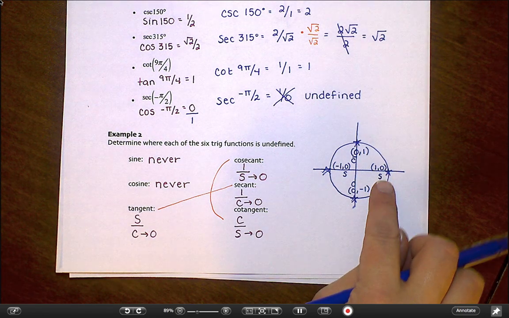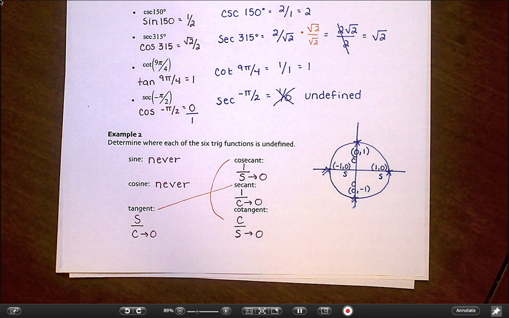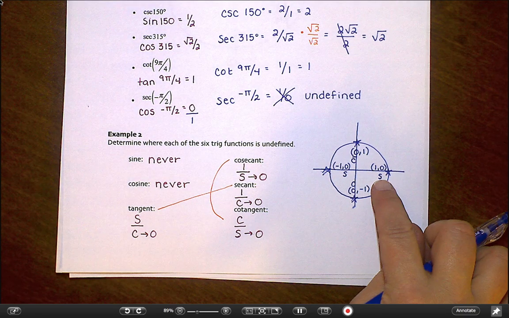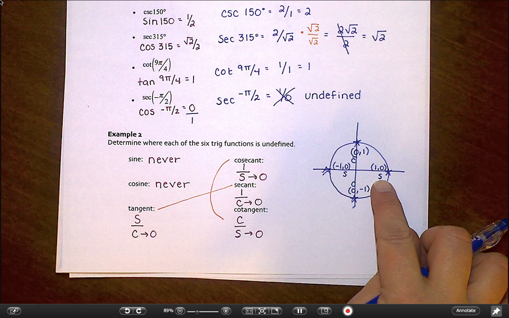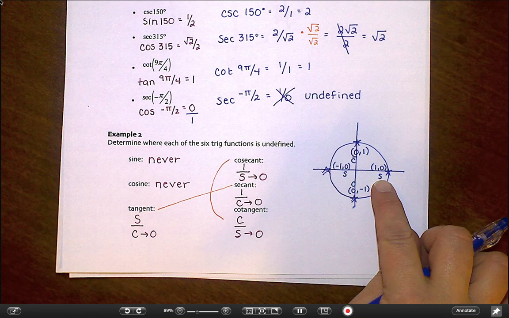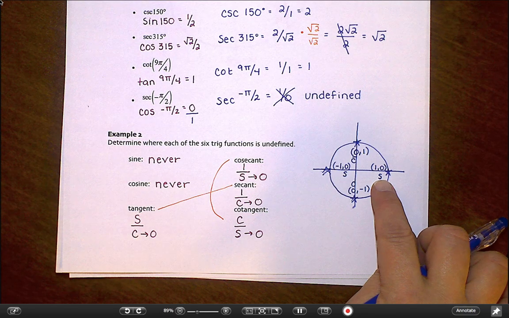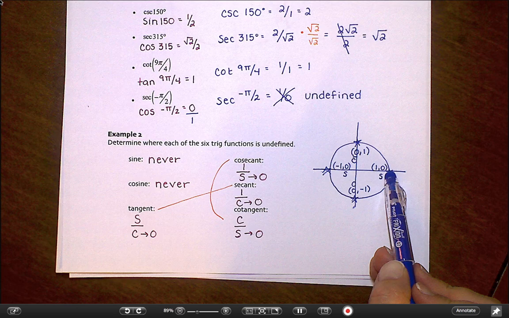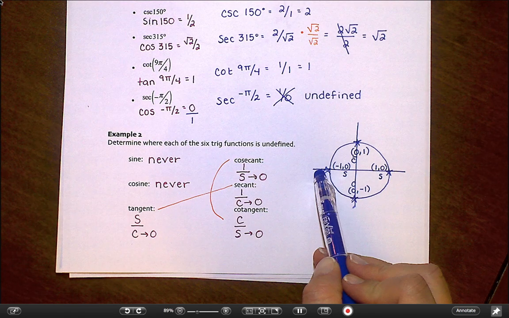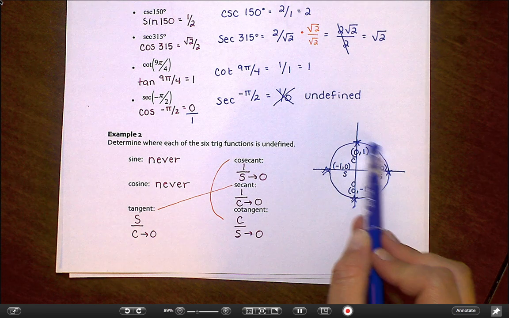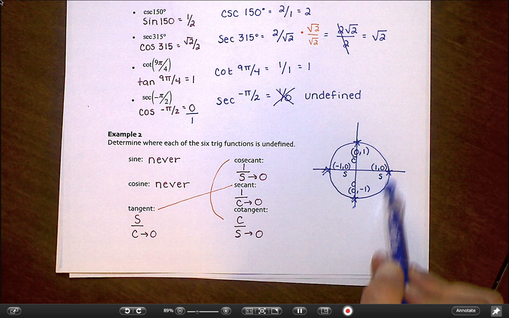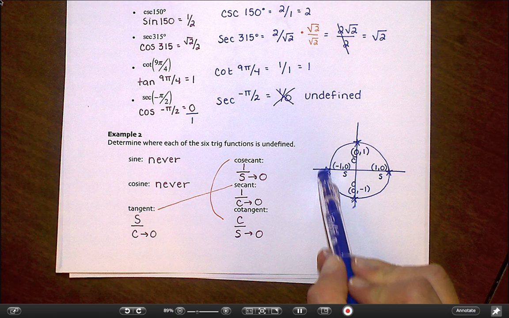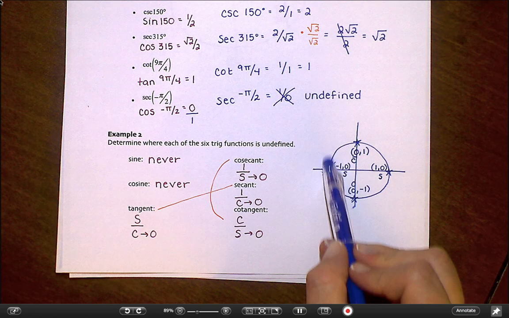Now let's talk about how we're going to name these things. And again, this naming is going to come up over and over and over again. So if we're talking about where the sine is equal to 0, and we're going to talk about this in radian values, we could also talk about it in degrees, but radians is going to be used more often. If I'm talking radians, this is 0, this is pi, this is 2 pi. If I kept going, this is 3 pi, 4 pi, 5 pi, 6 pi, 7 pi, and so on.